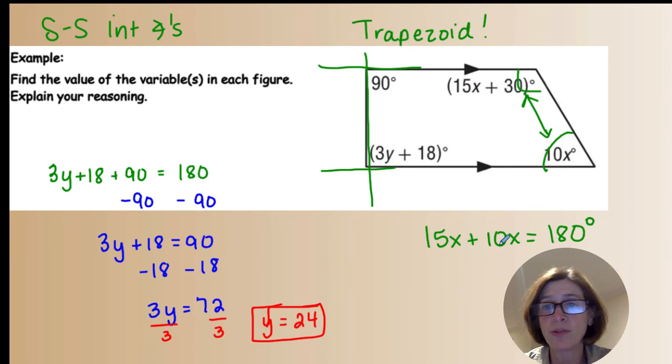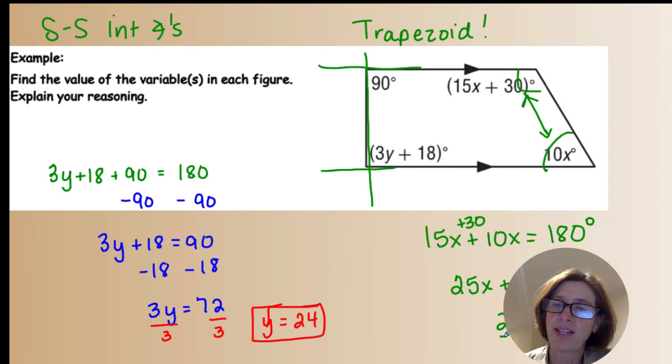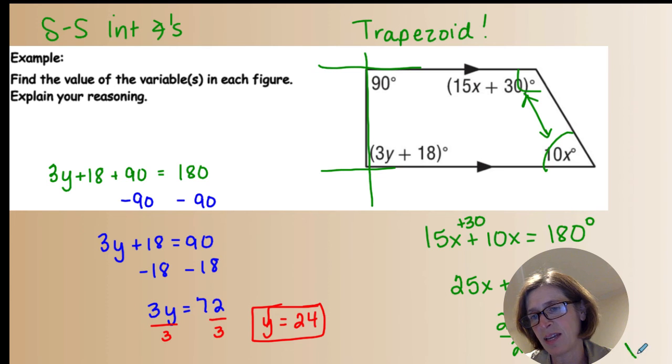So that gives me 25x plus 30 equals 180. And so 25x equals, what is that, 150? Yeah. And then if I divide by 25, that's going to give me x to be 6.